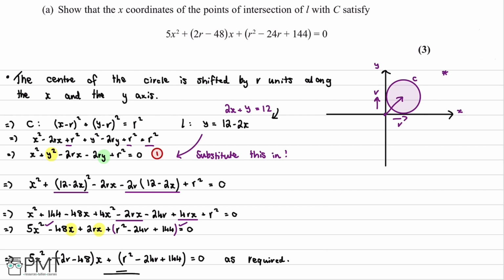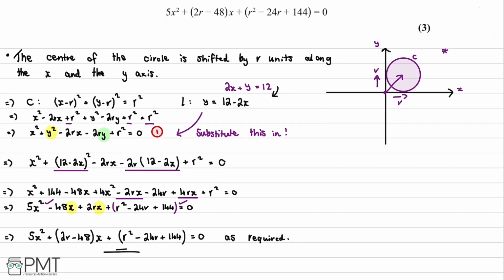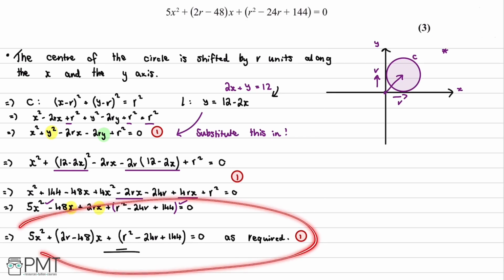We then get our second mark for attempting to form an equation with the terms x squared, x, and r squared. So where is this? This is at the point here where we start to substitute in our y equals 12 minus 2x equation. So we'll give ourselves this second mark just about here. And then we receive our third and final mark for concluding with the correct answer, and that was the answer that the question asked for, which we've shown here.